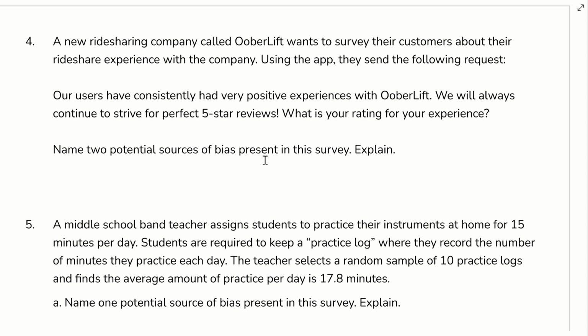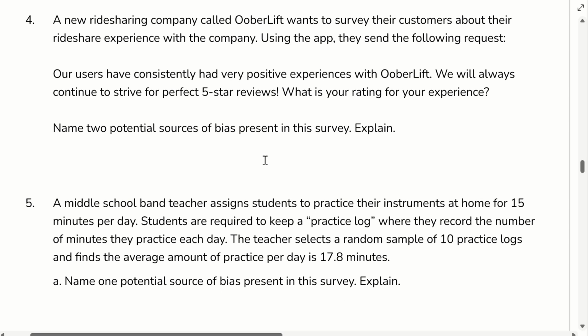They might rate their experience higher than the truth, or the other way around, right? So there's response bias, in that the users might not rate their true experience because maybe they don't want to disappoint the company or whatever.